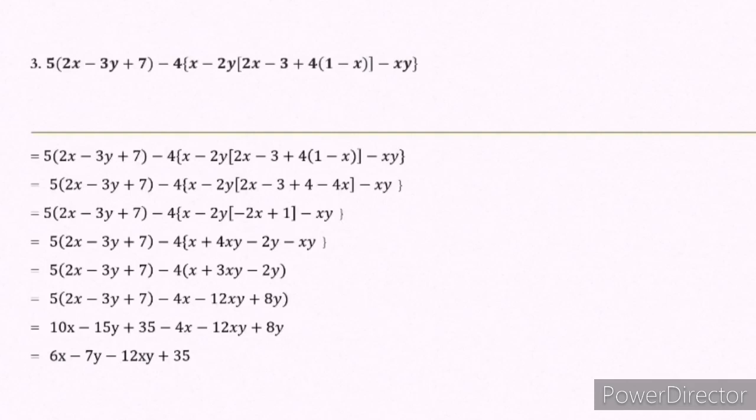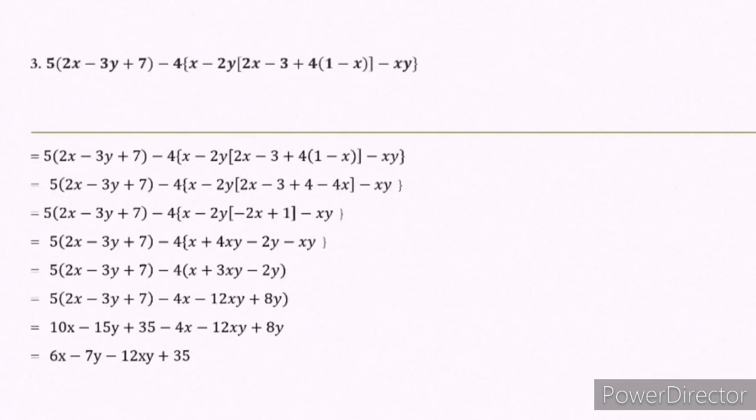Then quantity 5, quantity 2x minus 3y plus 5, close, quantity negative 4, quantity x plus 4xy minus 2y minus xy.